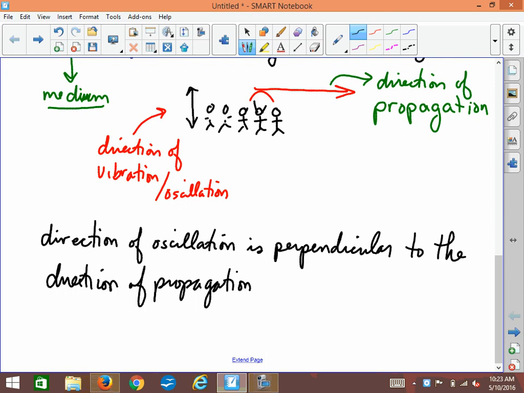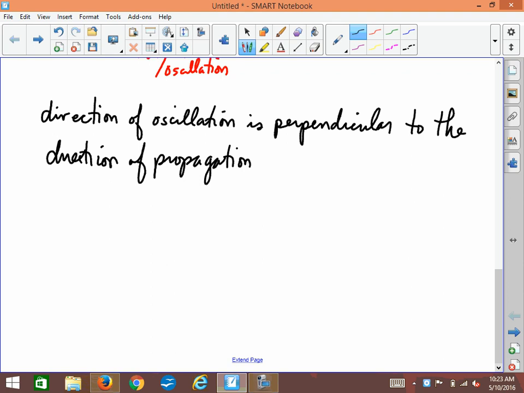Okay? And so just pictorially speaking, we can draw this way and this way. This is the oscillation direction and this is the propagation direction, perpendicular to each other.